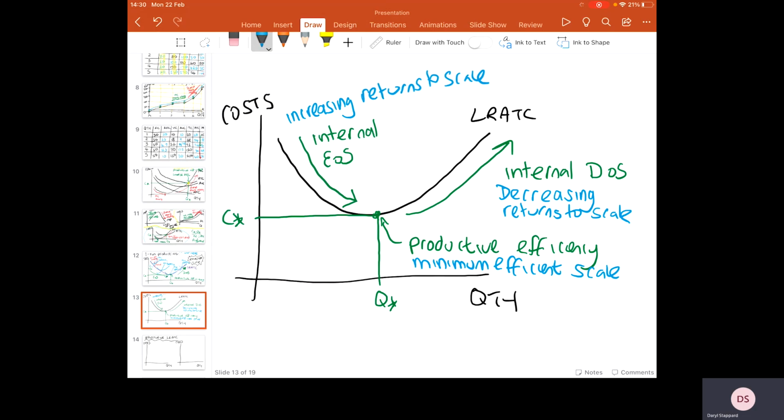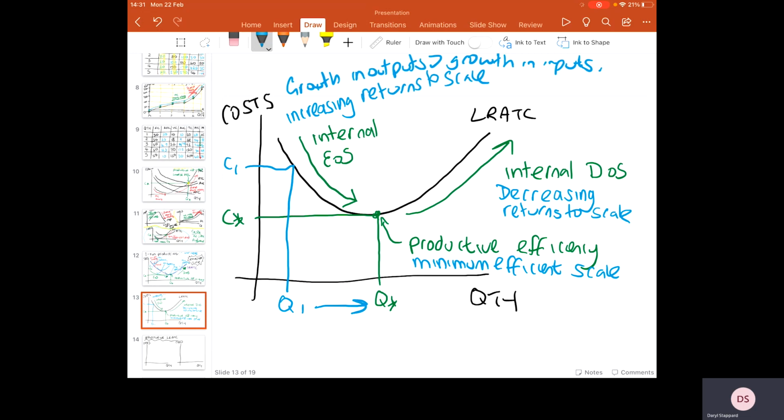In the long run, as firms scale up production, the growth in outputs exceeds the growth in inputs. So increasing returns to scale, scaling up production. For example, from Q1 C1 to Q star, we'll see average cost of production fall due to the growth in outputs exceeding the growth in inputs.